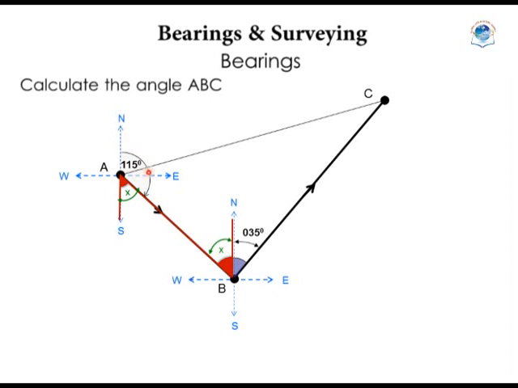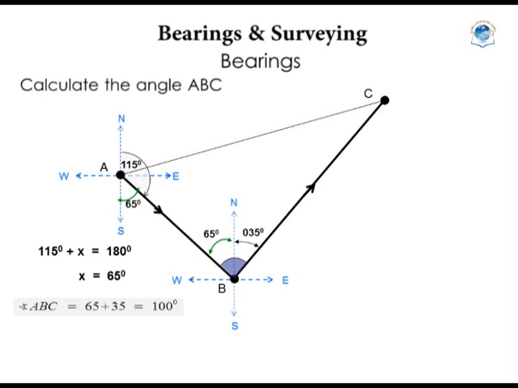So if the whole of this is 180 degrees, and we already have 115 degrees, then 115 plus X is 180, and so X is 65 degrees, which means angle ABC is equal to 65 plus 35, which is 100 degrees.